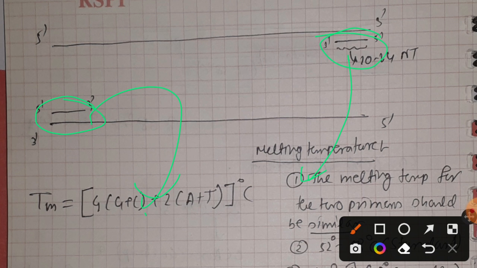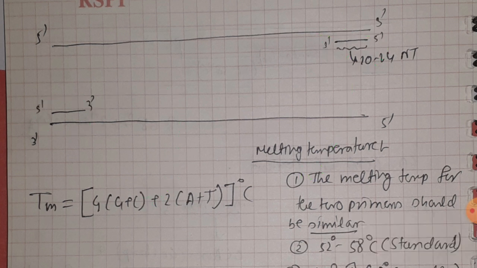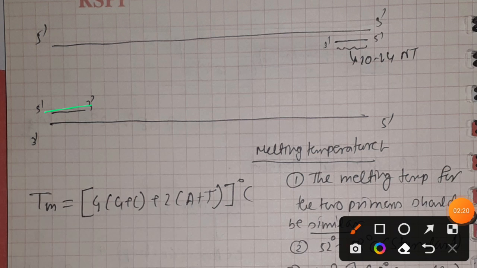and at what temperature the primer will dissociate. Okay, and that is why it is suggested that the two primers you are using, because we all know that in PCR we are using two primers, one is the forward primer and the other is the reverse primer, right? And these two primers should have similar melting temperatures. Why? Because suppose this one has a 60° centigrade melting temperature and this one has 40° centigrade.